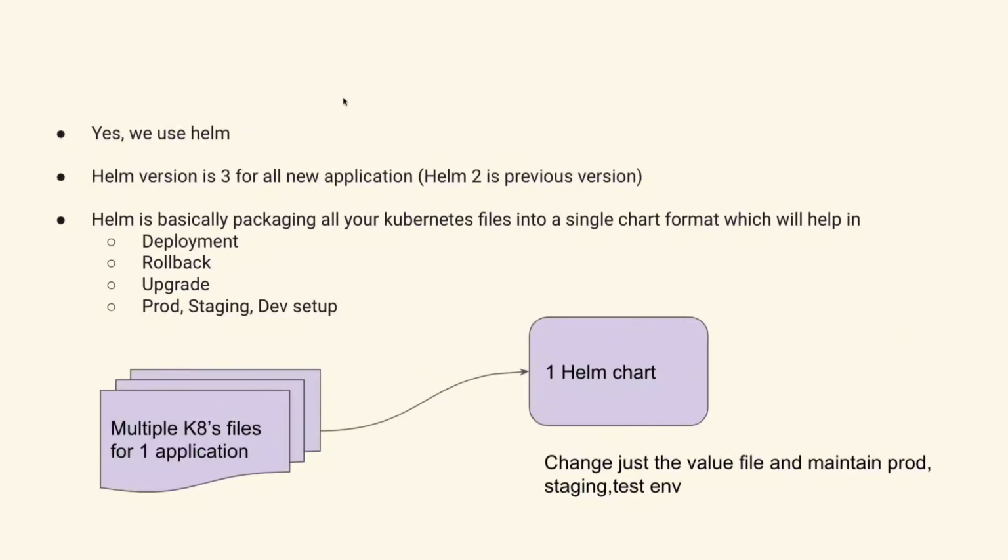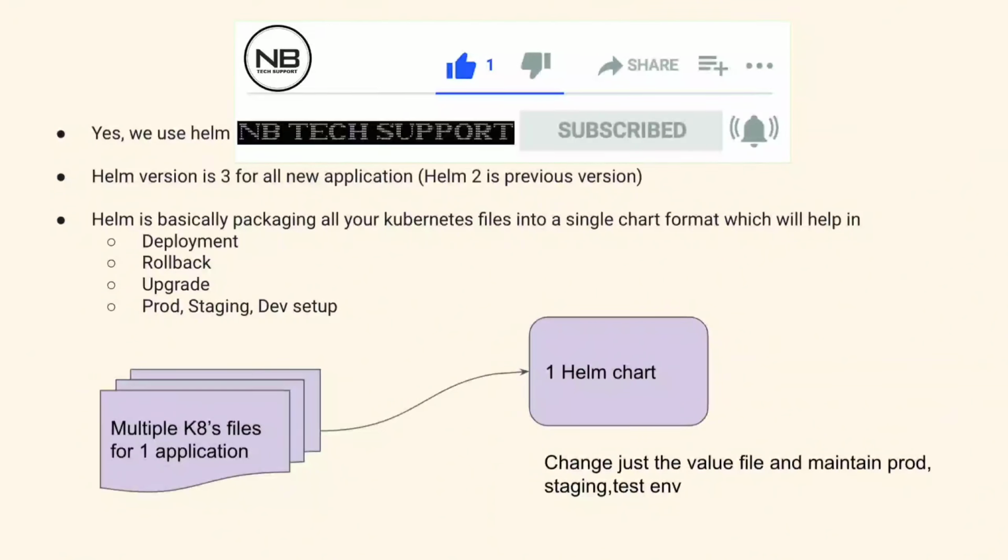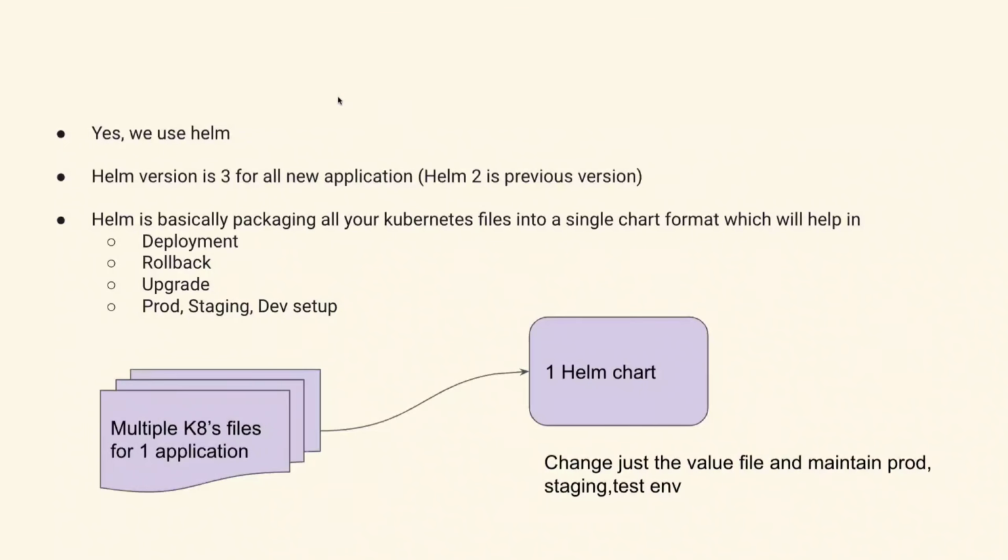So how do we answer this question in the interview then? Yes, we use Helm, and currently we are using Helm 3. Helm is a way in which we are packaging all our Kubernetes deployment related files in the format of what we call a chart. This chart will help us to make the deployment easier, rollback and upgrade also very easy.